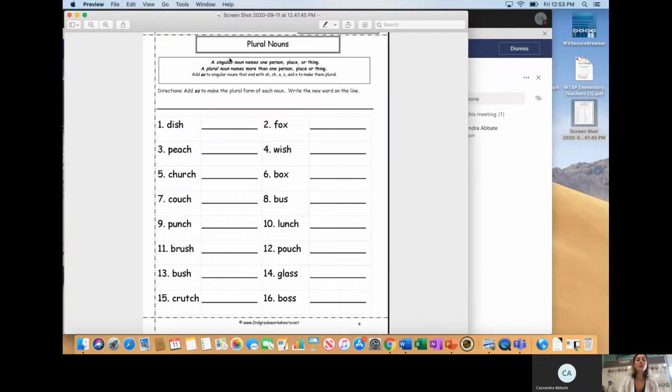All right, so let's do the first one together. I think I can write on this one. We have the word dish. Does it end in sh, ch, x, z, or s? Yes, it does. Oh, nope, it's not going to let me write on there.